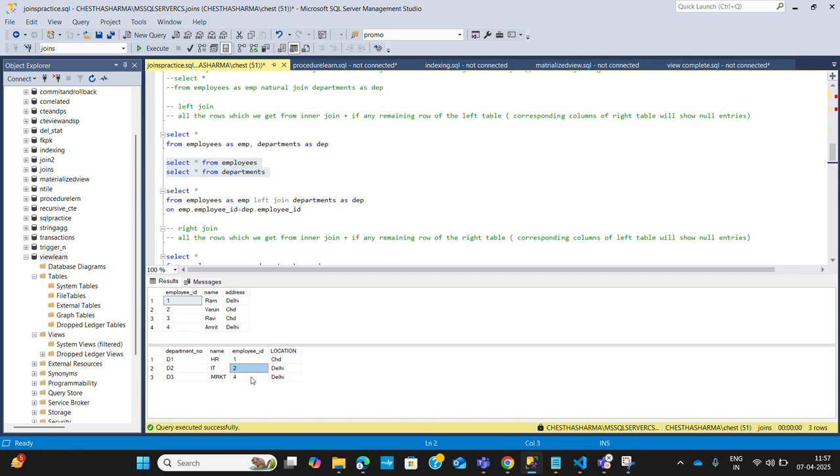So 1 to 4 will come since it was the output of inner join, and similar to that, the third row will also come since it is the output of left join. Got it?